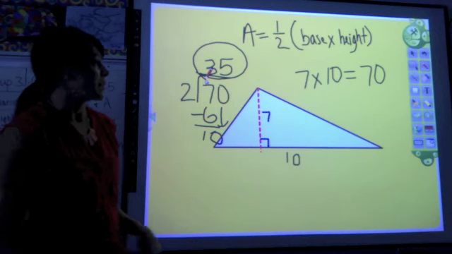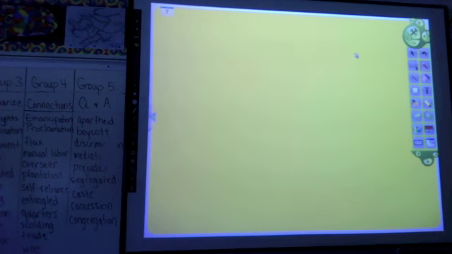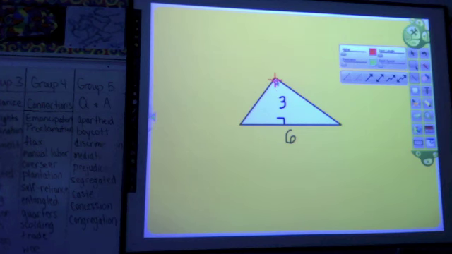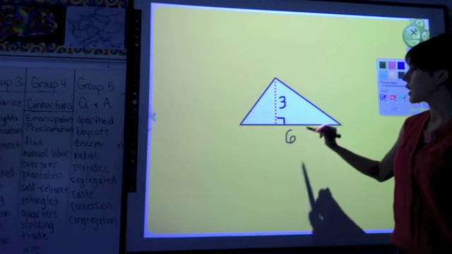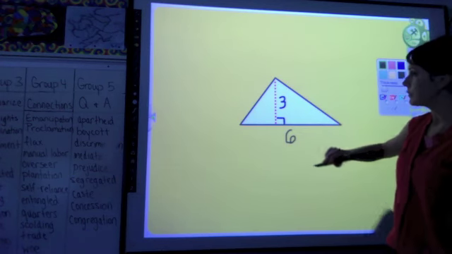Let's try finding the area one more time just like that. Okay. My line didn't show up here. Let's try this one more time. There we go. All right. Here I have a triangle with a base of 6 and a height of 3.